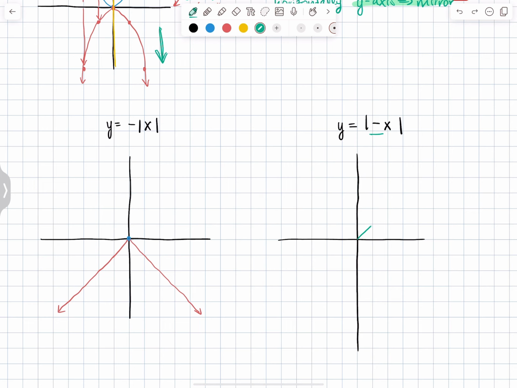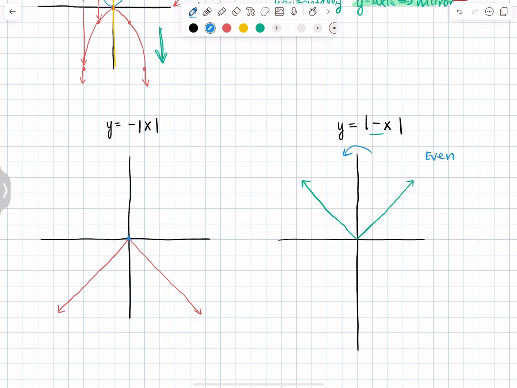1, 2, 3. 1, 2, 3. Whatever's on this side of the graph gets reflected onto this side. But recognize that the absolute value function is even. That means you can fold it in half over the y-axis.